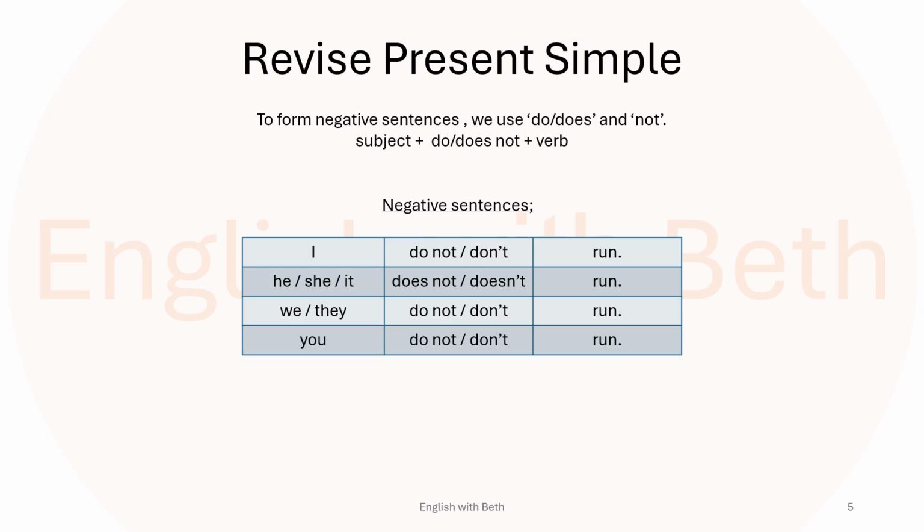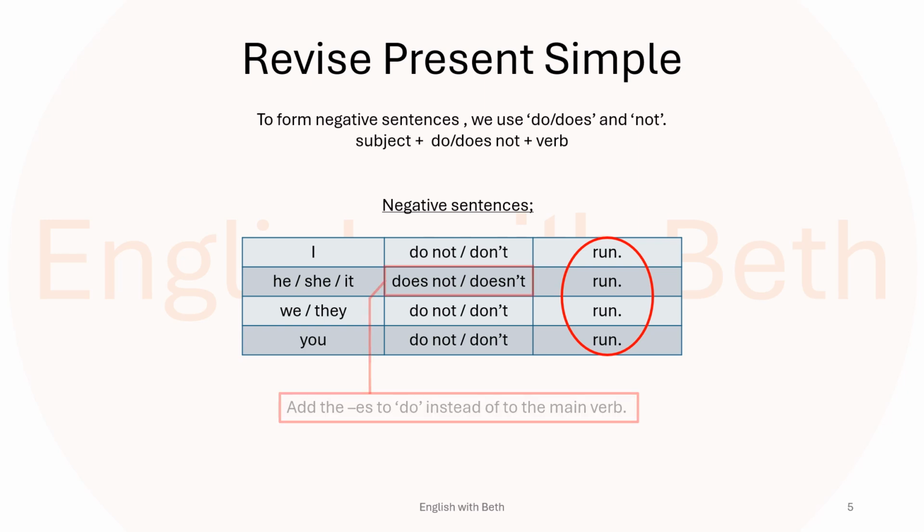We, they do not or don't run. And you do not, don't run. Notice here, none of the verbs have the s ending. Instead, we add the es to the auxiliary verb do.